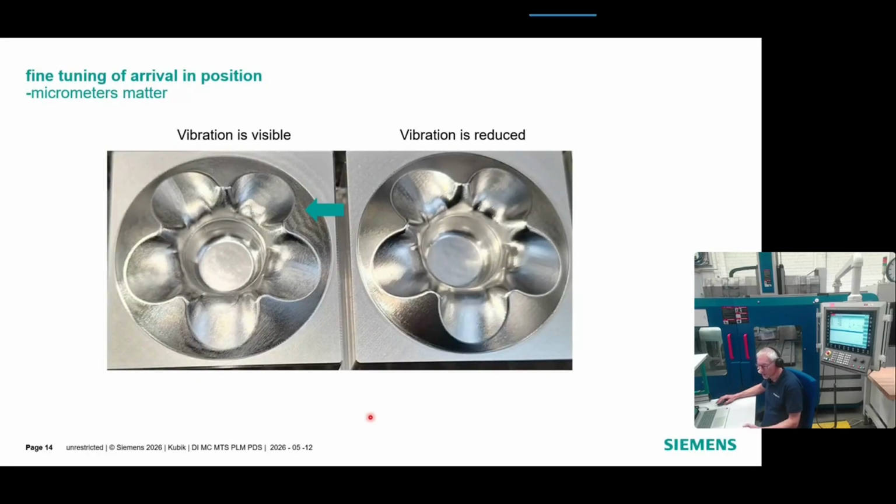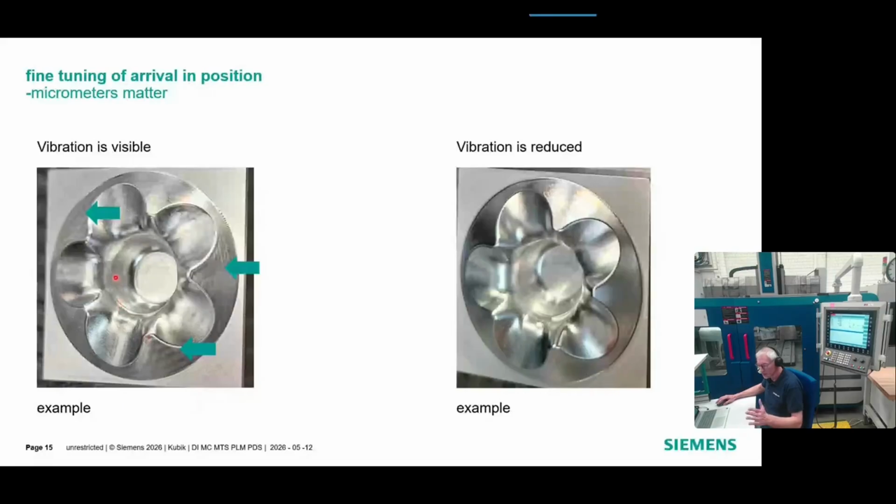It's really micrometers that cause these marks on the surface, and in some situations you even have to have the right angle of light to see them. Nevertheless, if your customer will not accept that part on the left side, you have to do a tuning job to reduce the vibration and get a shiny workpiece.